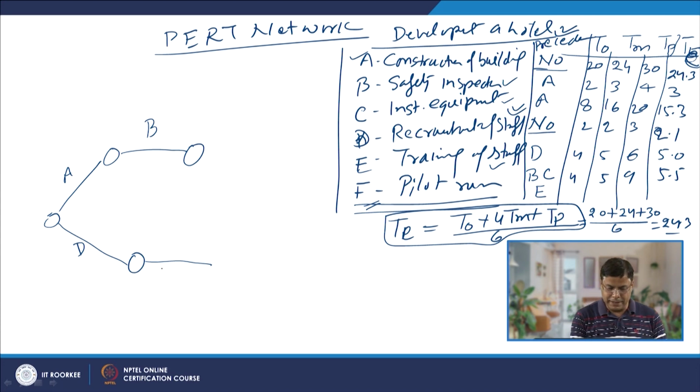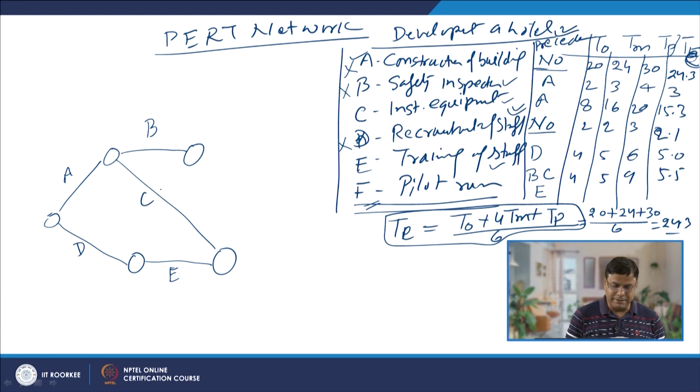Training of the manpower is activity E. So, what we have done: we have done with A and with D, and with activity B, which was about the inspection and testing of the equipment, then inspection of the building. Basically, after D we can have activity E. This is how the manpower training ends, and then after A we can also have another activity, installing the equipment. So, this was the inspection, and installing the equipment is also possible here.